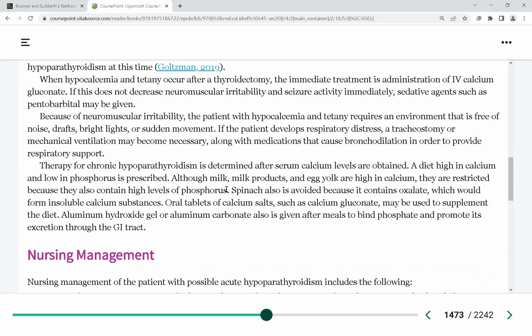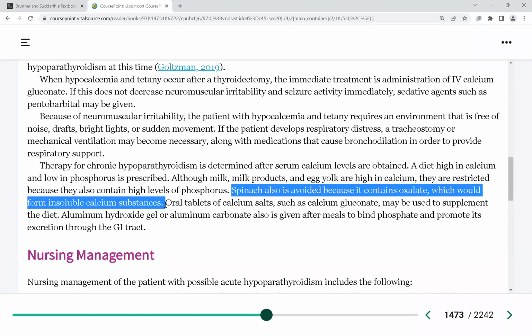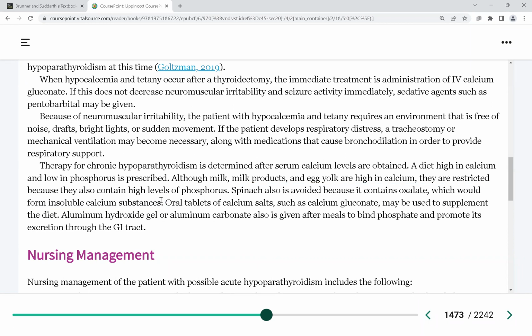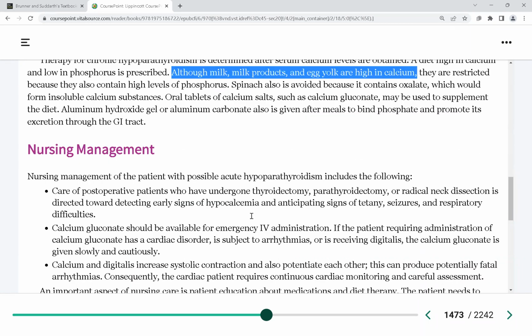Okay, very good. So everything else that's high calcium should be okay. Another thing we avoid is spinach, and there's the rationale there. But we can give calcium salts and other sources of calcium except these. Okay?